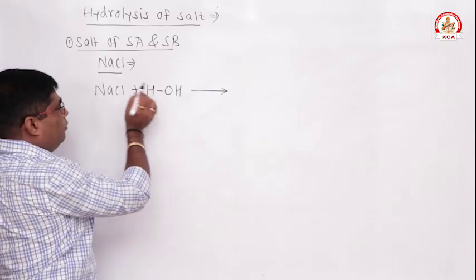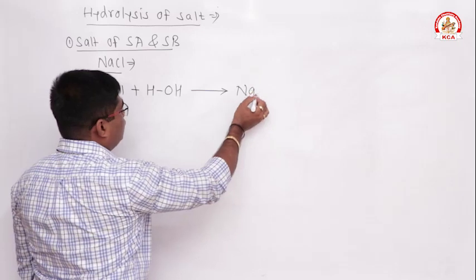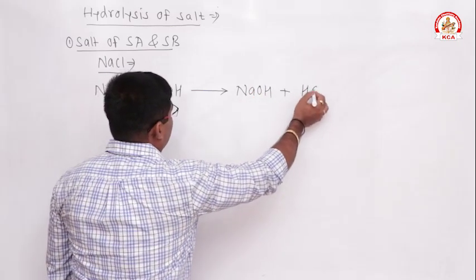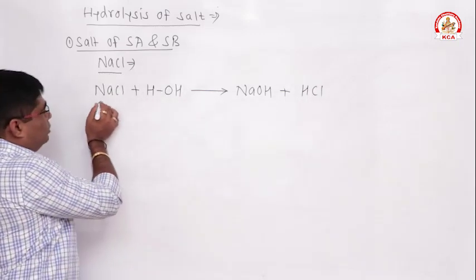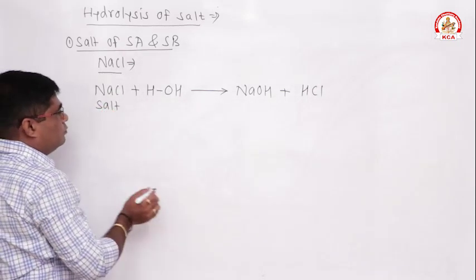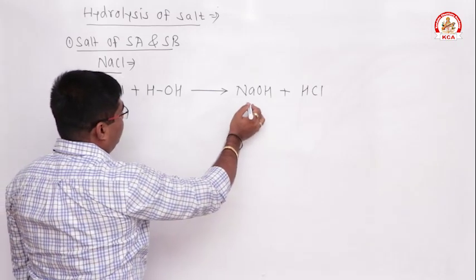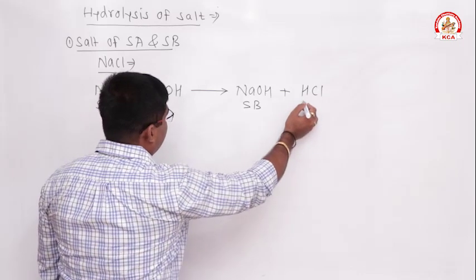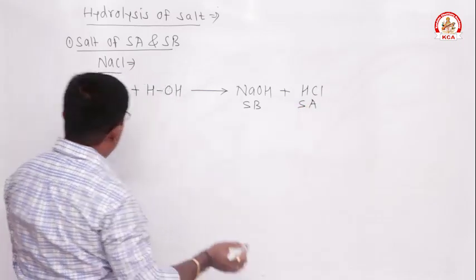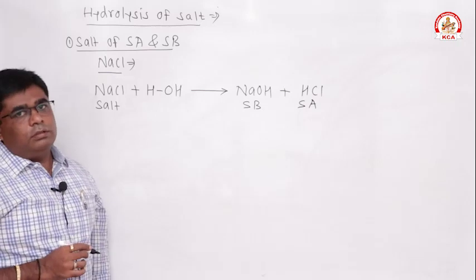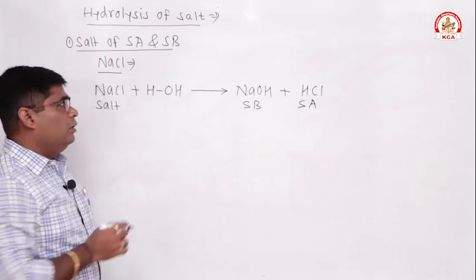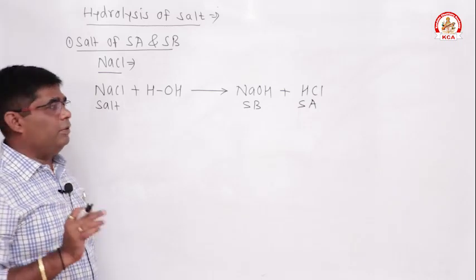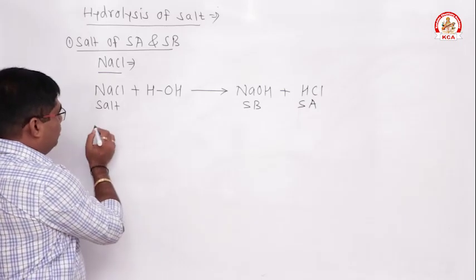So NaOH and then HCl. NaCl is salt. Then NaOH is base, but what type of base? Strong base. HCl is acid, but what type of acid? Strong acid. And almost all salts are strong electrolytes. जर हा स्ट्रॉंग इलेक्ट्रोलाइट असेल तर ऑलमोस्ट डिसोसिएट होतो कम्प्लीटली. मग याचं कम्प्लीट डिसोसिएशन आपण दाखवणार.